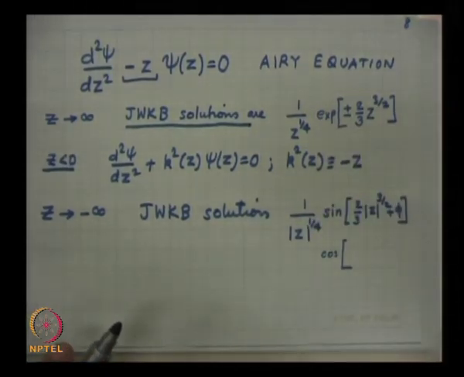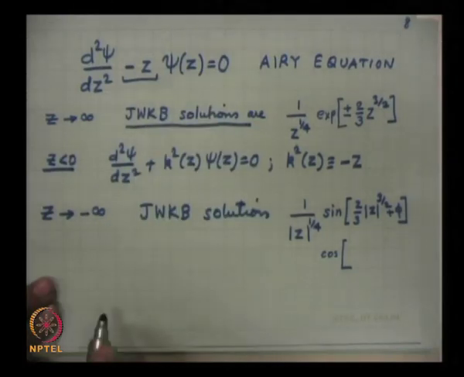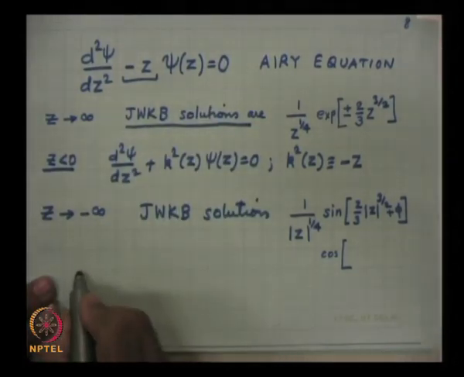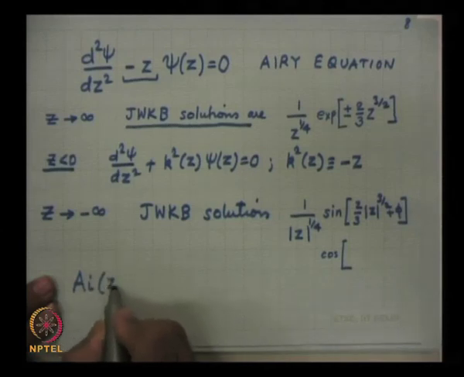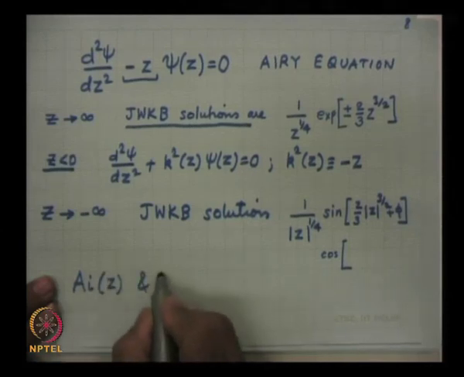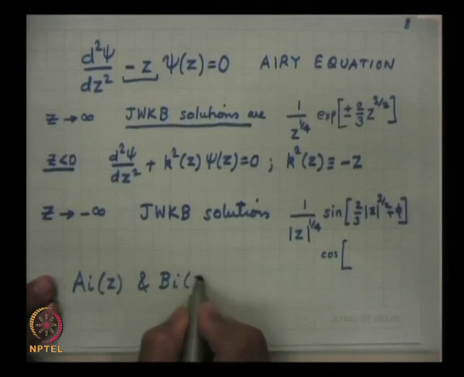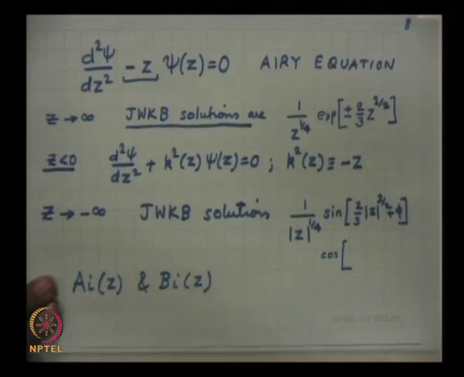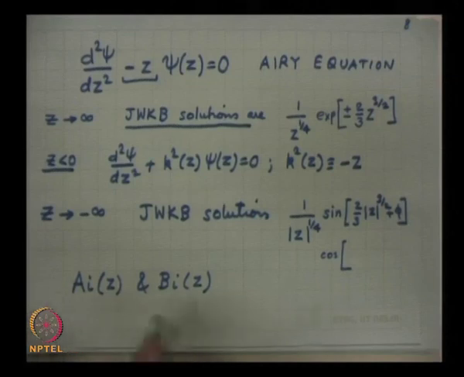Now, the rigorously correct solutions of the Airy equation are denoted by Ai of z and Bi of z. These are known as the Airy functions, which are related to Bessel functions.